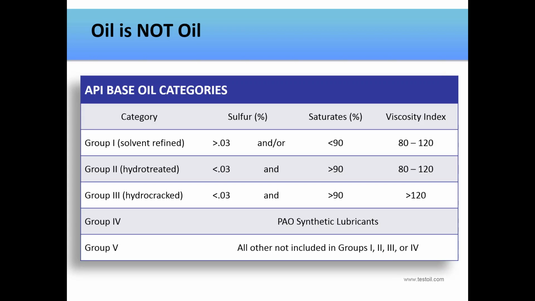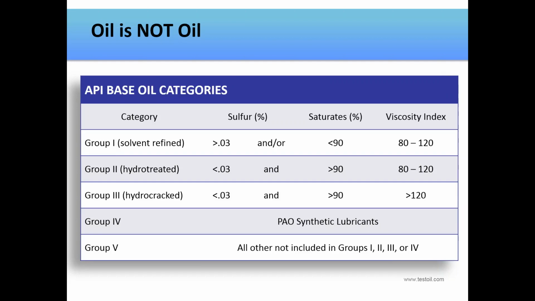So today's lubricants are manufactured with high degrees of specialization, as we've seen moving through the historical line there. Almost every lubricant used today started off as just a base oil. The American Petroleum Institute categorized base oils into 5 categories.